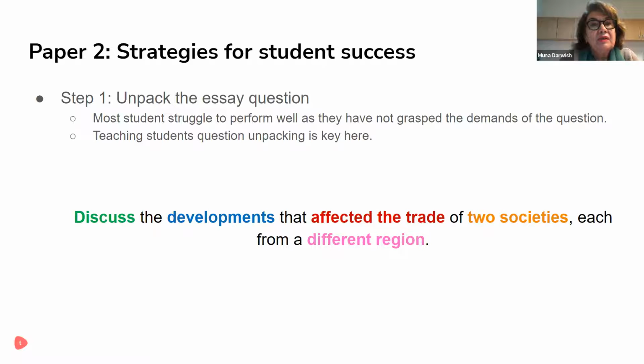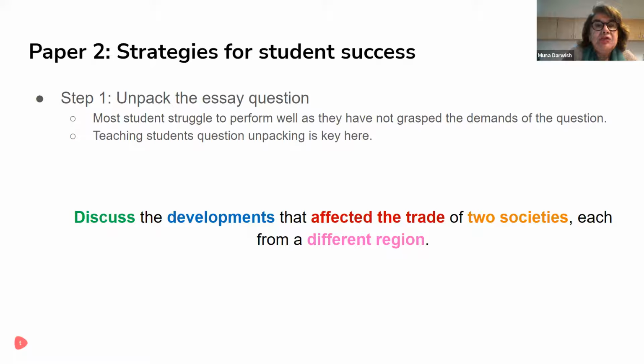Okay, step one is to help the students unpack the essay question. Because if they don't acquire this skill of unpacking a knowledge question, they will never master the requirements for doing well on paper 2.